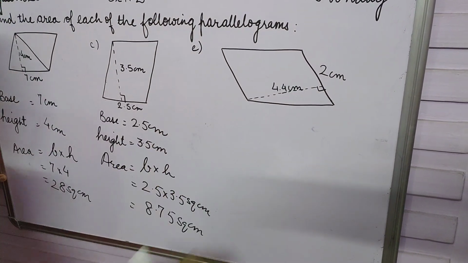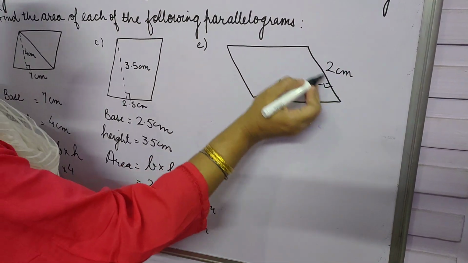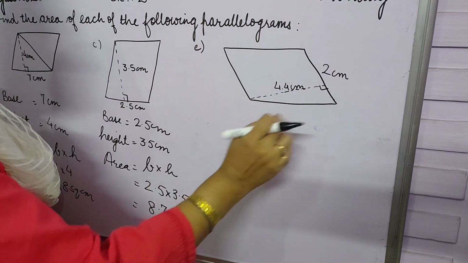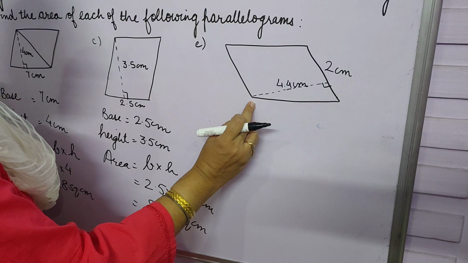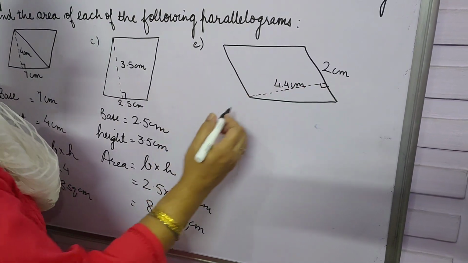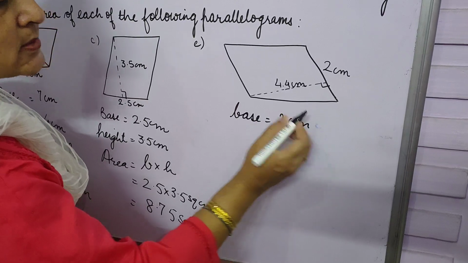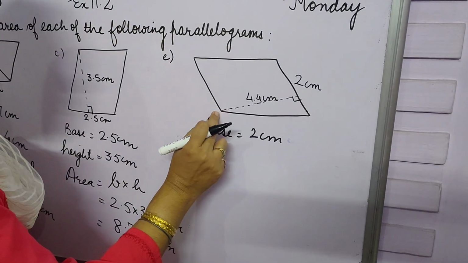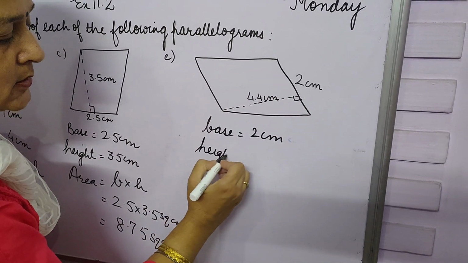E part again. Now see here we have taken this side as base. Any of these sides can be taken as base, but you have to be particular that only corresponding height should be taken. So if I am taking this side as base, the altitude, the perpendicular from vertex to this side will be taken as height.